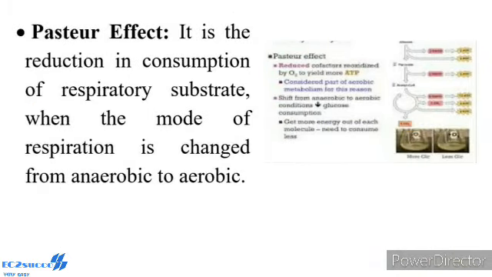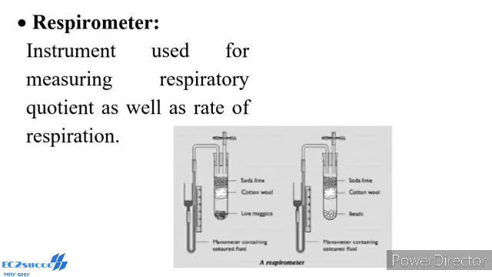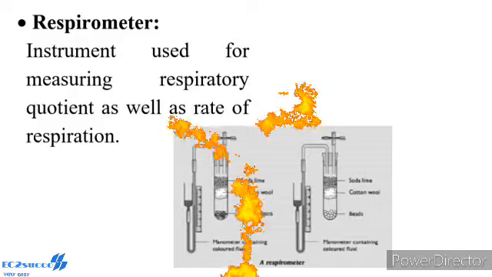It is the reduction in consumption of respiratory substrate when the mode of respiration is changed from anaerobic to aerobic. First discovered by Pasteur, that is called the Pasteur effect. Next one, respirometer. The instrument used for measuring respiratory quotient as well as the rate of respiration.